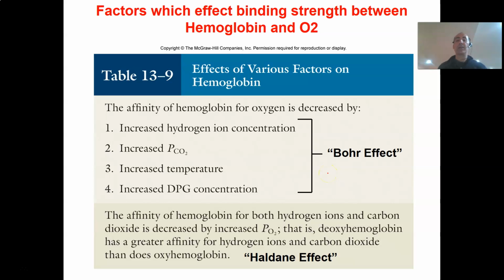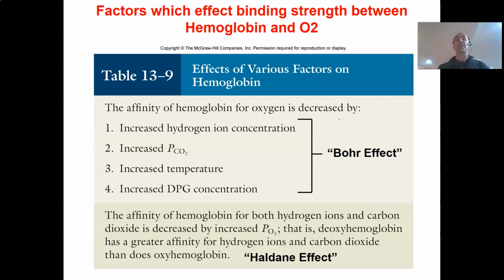The Bohr effect. If you become more acidic, hydrogen ion content goes up, PCO2 goes up, pH goes down, you have an increase in temperature, an increase in DPG. Your affinity of hemoglobin for oxygen is decreased. That means the hemoglobin is going to dump the oxygen into the blood at a much faster rate.